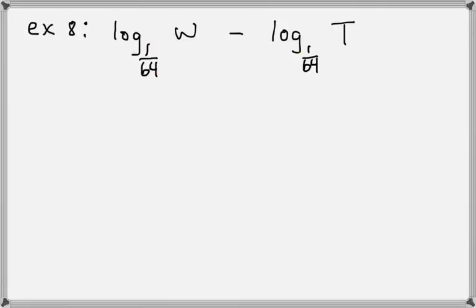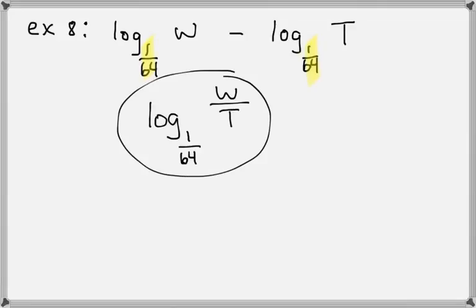In example 8 here, we have the log base 1 over 64 of w minus the log base 1 over 64 of t. Check to see if you have the same base. In this instance you do, so we can use the quotient property to simplify this into the log base 1 over 64 of the w divided by the t. And we have our final answer right there.